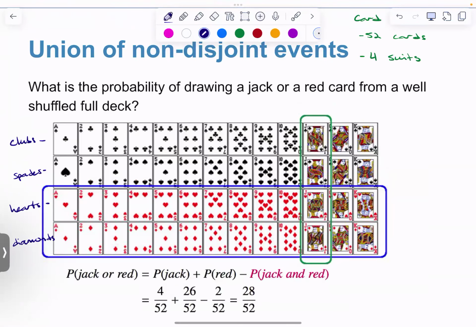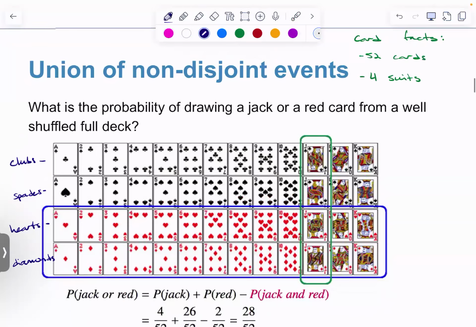So those are your 4 suits, which means, well, we can see we have 1, 2, 3, 4, 5, 6, 7, 8, 9, 10, 11, 12, 13. Yeah. I think I double counted one, but there's 13 cards in each suit. These guys are face cards because they have a face on them. And so there are 12 face cards.